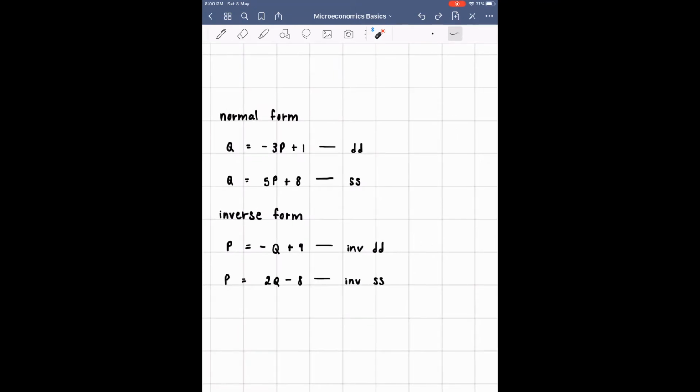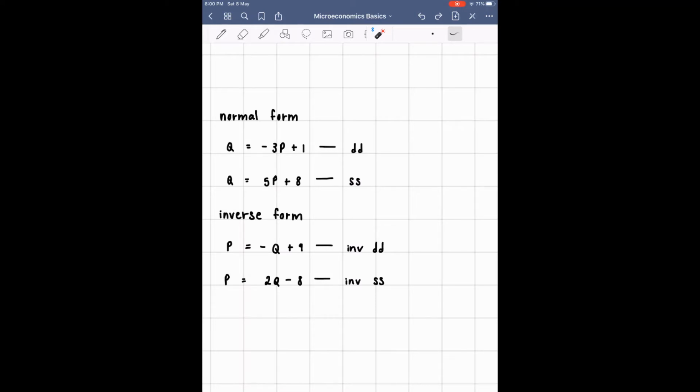Okay, so we have here a normal demand function and a normal supply function written over here. This is the normal demand function and this is the normal supply function. What we analyze from this is that Q is expressed in terms of P. This is the same for both the demand and supply functions.